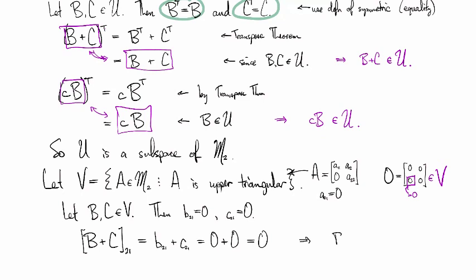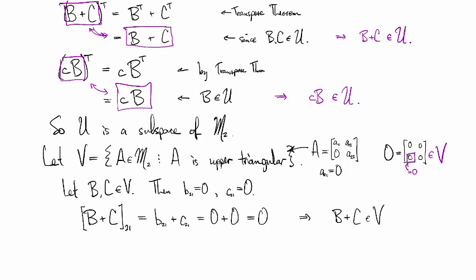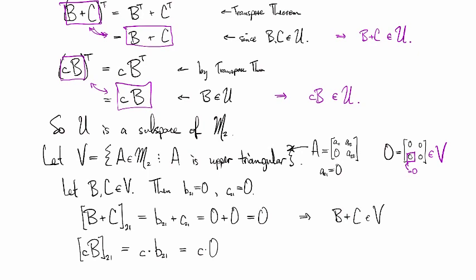And so that means that it will also be an element of V. And if I look at a scalar multiple of B, then the 2-1 entry of that scalar multiple is going to be C times the 2-1 entry, because that's how we do scalar multiplication, which is C times 0 because we picked B to be from V. And so that shows you that C times B is also in V. So V is a vector space, and in particular, it is a subspace of M2.